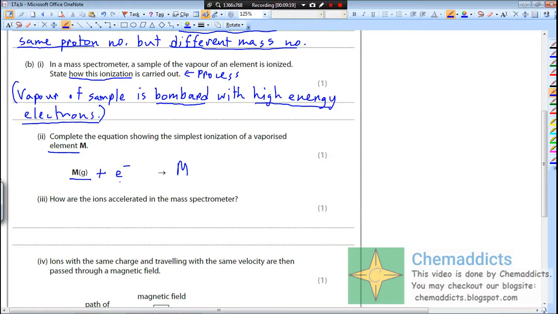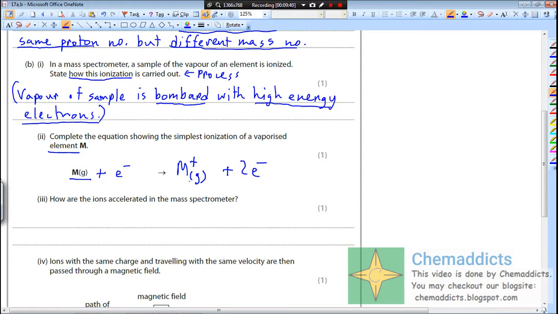So this high energy electron will knock one electron from this particular element. So this is how ionization occurs. So here we will be left with M plus gaseous ion with 2 electrons.